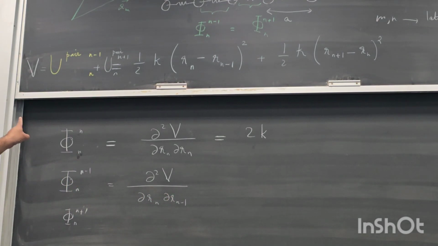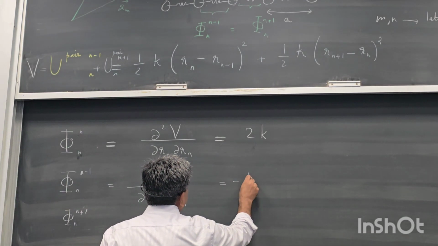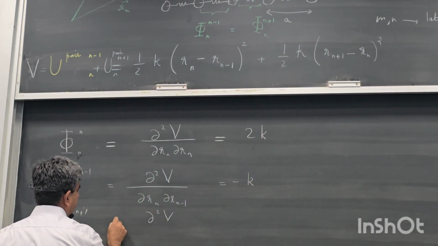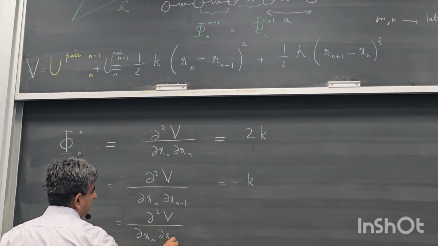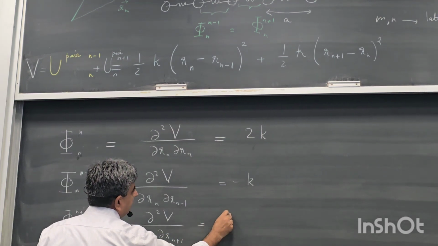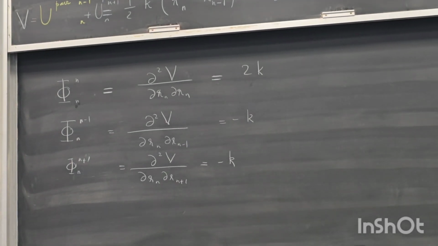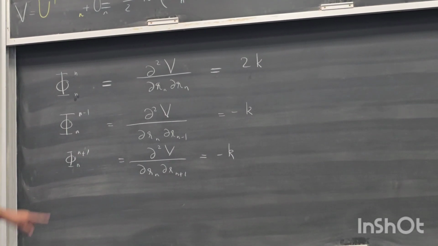So when I differentiate this V with respect to these variables, I'll get minus k. Here partial square V partial Rn plus 1, minus k again. So these will help me find out the d's.